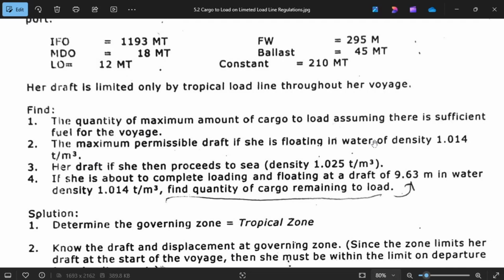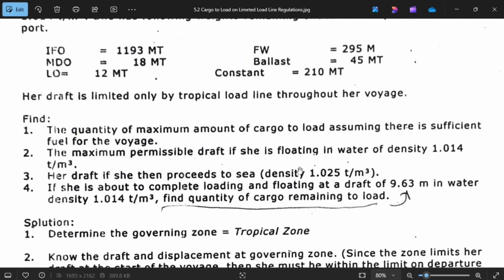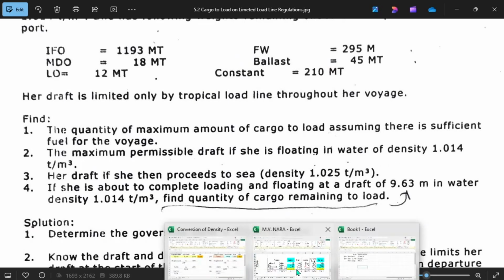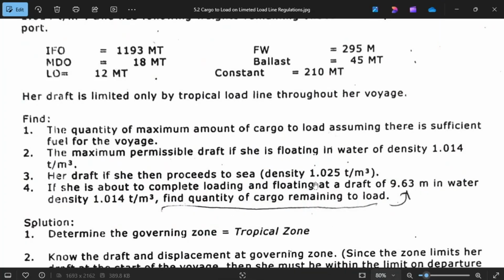Meaning, if your departure draft is 9.749, this is salt water, what will be your draft if you are loading in a density of 1.014?